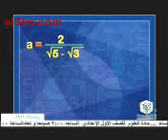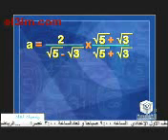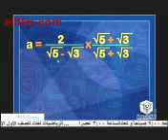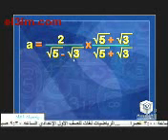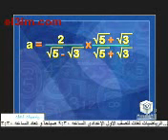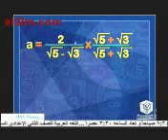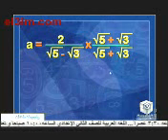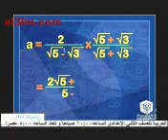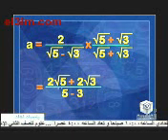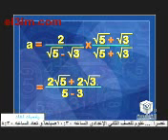The answer will be, after modifying a, as we said, we must multiply it by the conjugate number. Yes, this is a conjugate. Root 5 minus root 3, its conjugate will be root 5 plus root 3. By multiplying the numerator and the denominator, as we said before, 2 times root 5 equals 2 root 5, 2 times root 3 equals 2 root 3.